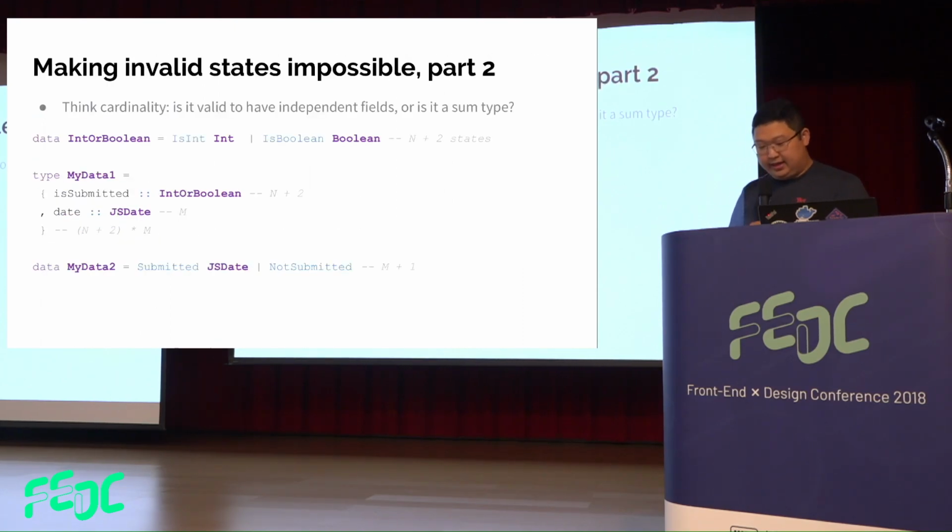So other than that, let's think about some cardinality, right? If we have a sum type that's Int or Boolean, we know that there are n+2 states associated with it. There's one constructor, so that's like a cardinality vector of 1, with the argument of Int, so there are n number of integer values it could be.